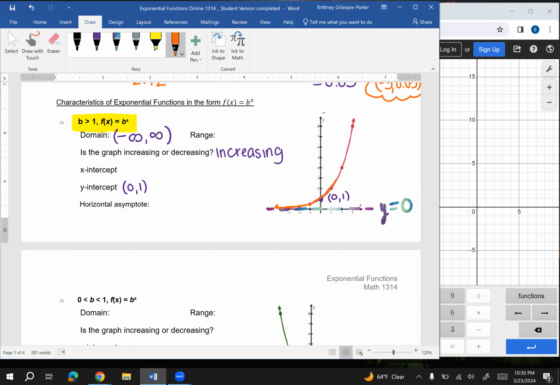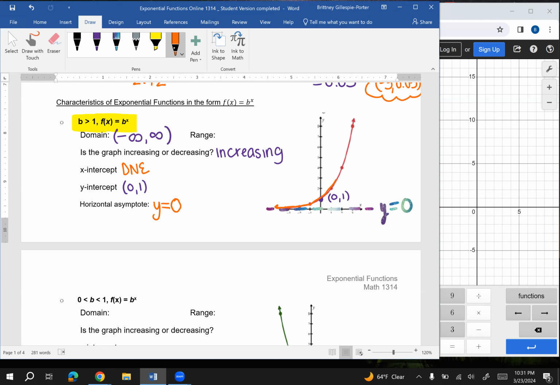Since it's horizontal, it's going to be y equals, and we get close to y equal to 0. If we have a horizontal asymptote of y equal to 0, our x-intercept will not exist.